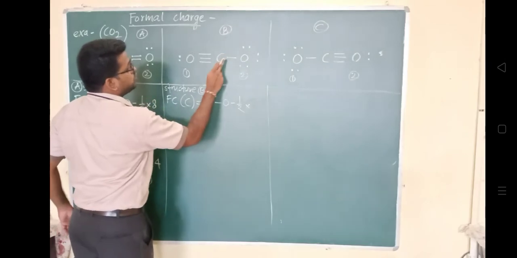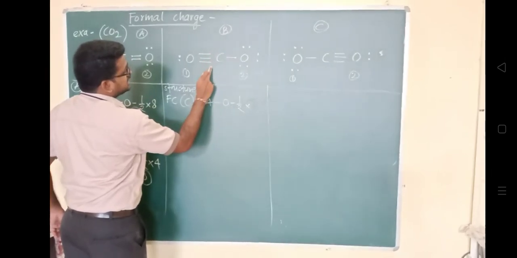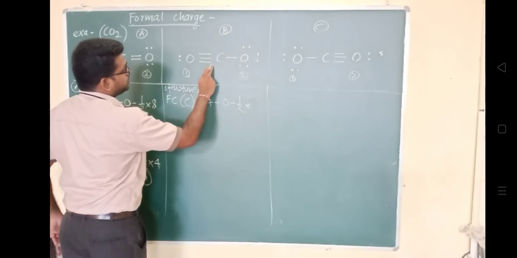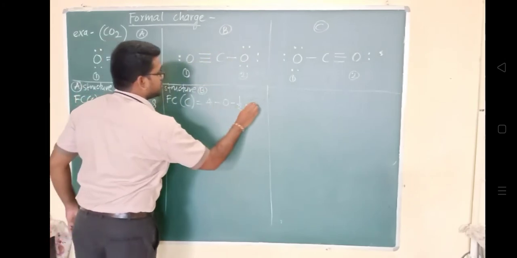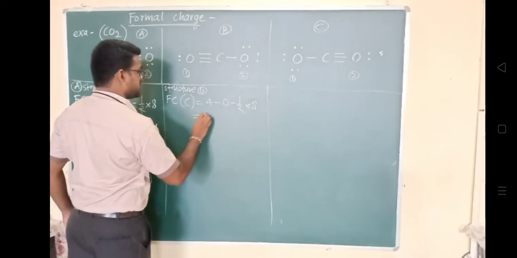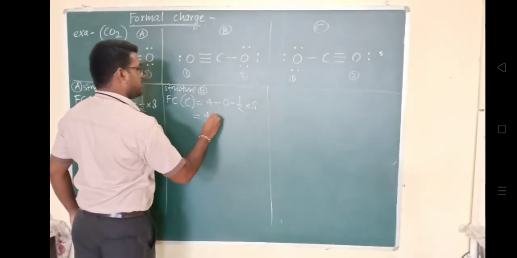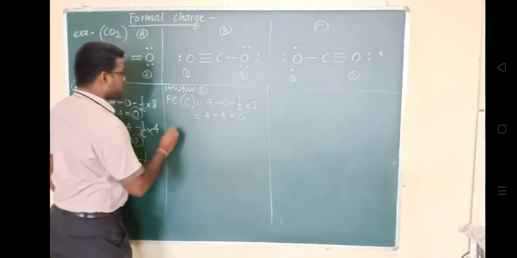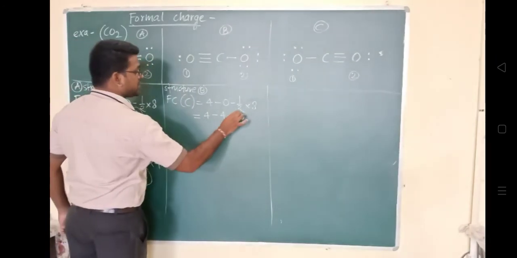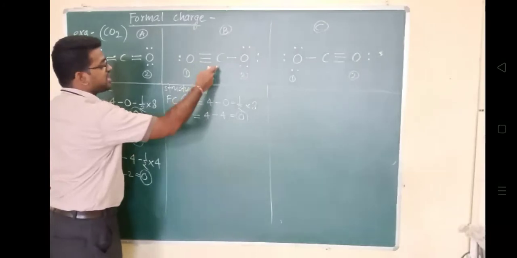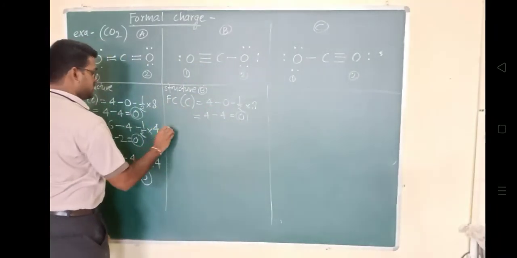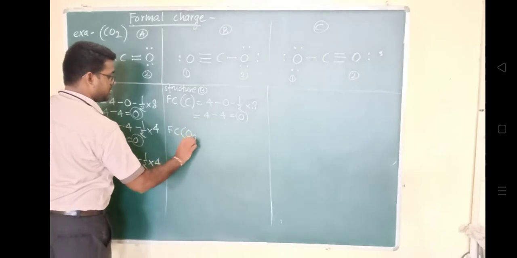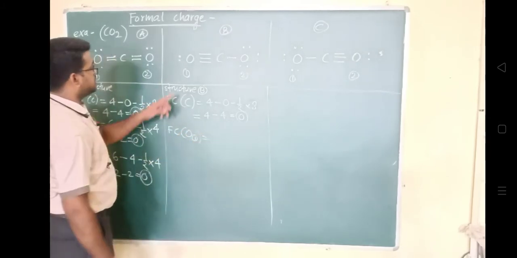So 1 2 3 4 5 6 7 8. 8 electrons are present here. So 4 minus 4 equals 0. So the formal charge on the carbon atom in this structure is 0. We will now see the formal charge for the very first oxygen atom.